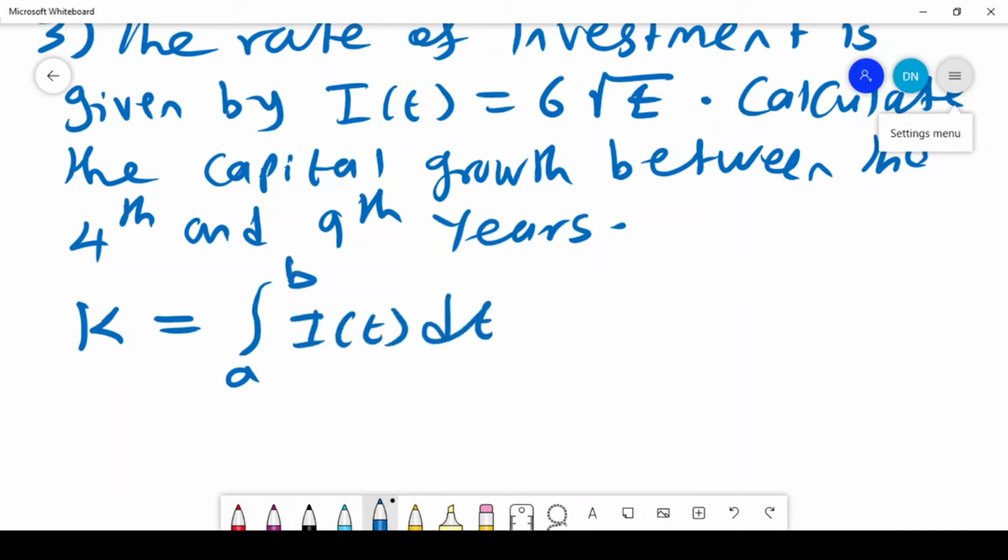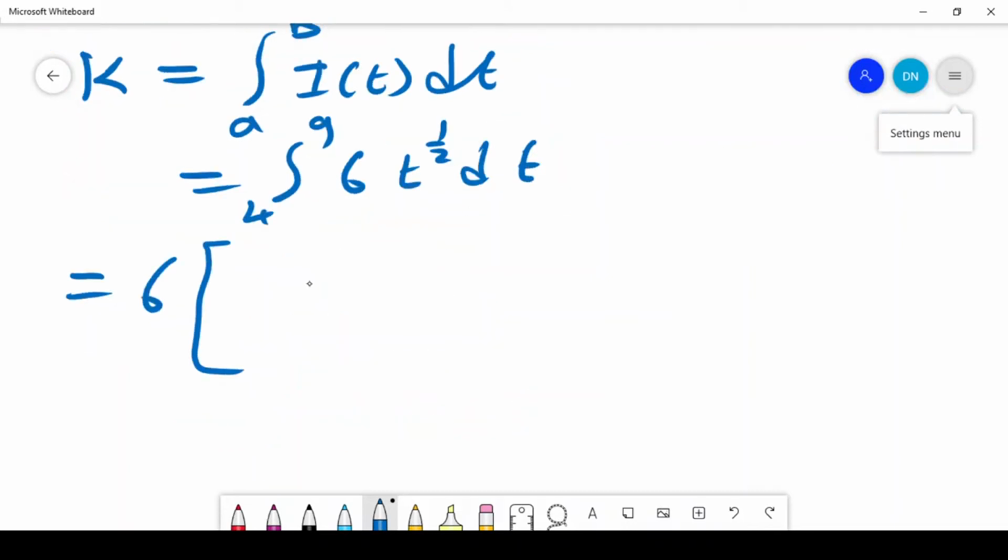And that is the formula that I would want to use. So I'll integrate between 4 and 9 of 6 t raised to power a half dt. And we increase the power, that gives me 3 over 2. I'll divide by 3 over 2 there. And then I'll put the limits of integration.